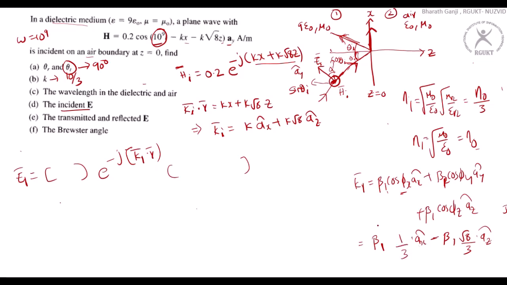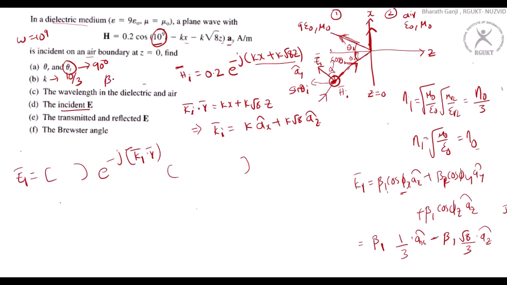And what is the value of beta 1? I had the value for beta 1 also, probably somewhere here, where we had omega as c into k, or let me write beta.